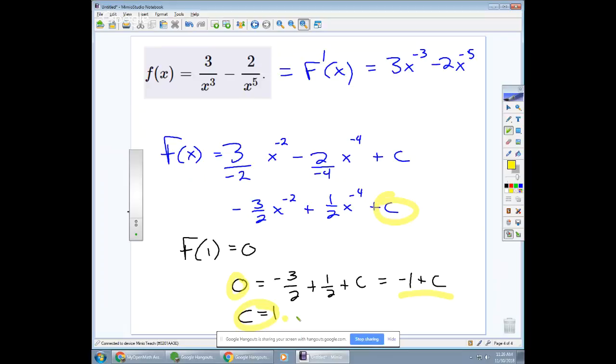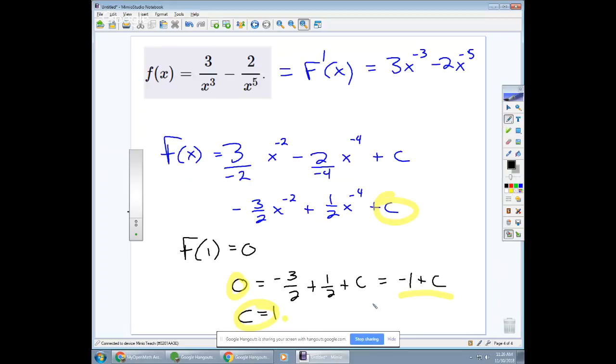So that tells us C must be 1. And on that side, you got a -1 because you brought the 1 over. I got a negative 1 here because negative 3/2 plus 1/2 is negative 2/2, which is negative 1.